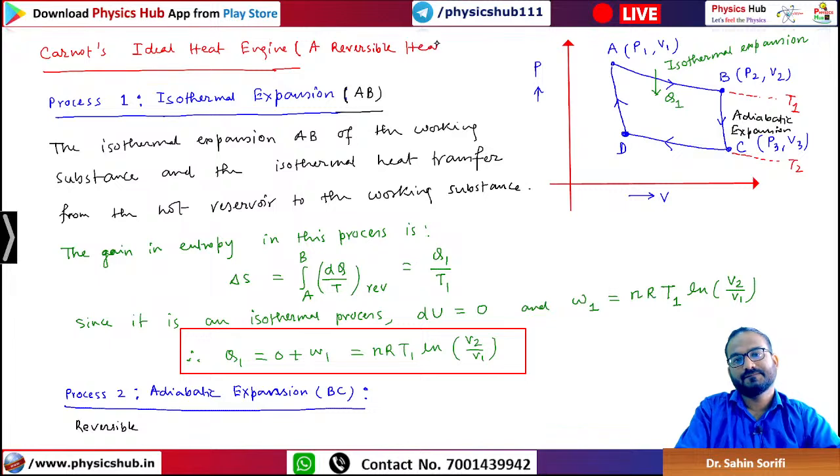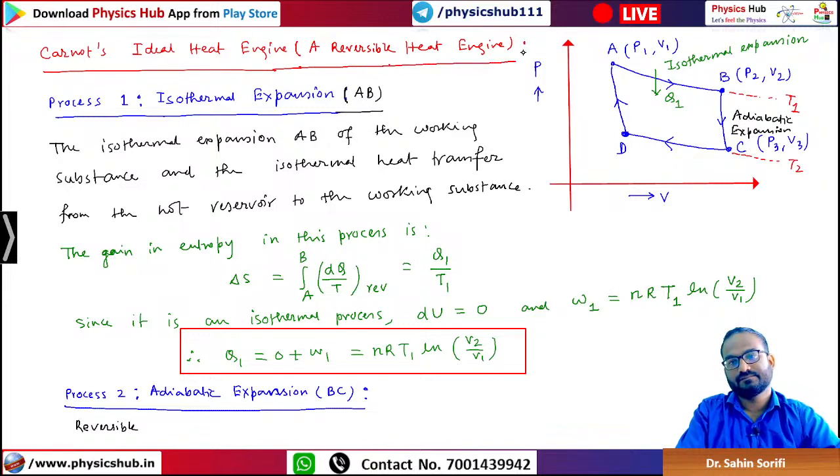Reversible heat engine means these processes are being carried out in a very slow manner. So process 2 is reversible adiabatic expansion of the working substance.